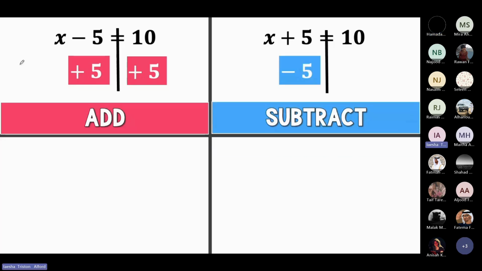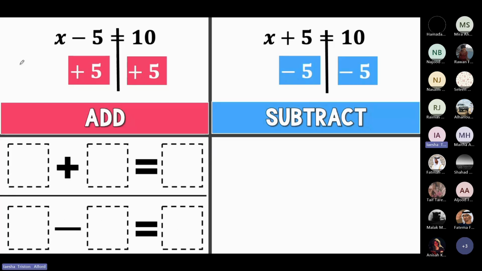Subtract 5 on both sides. Girls, I put another picture here. How do I know if something has add or subtract? It has to have a plus or minus in the middle between the numbers.